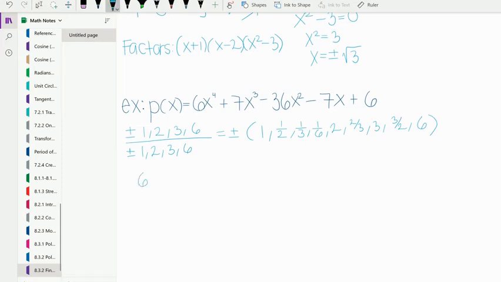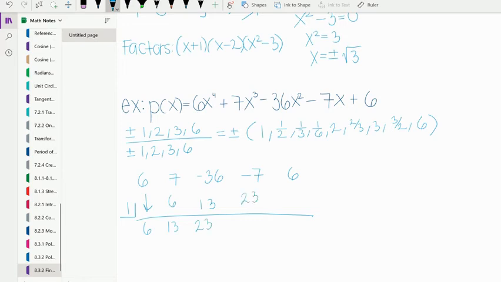So I write out my coefficients: 6, 7, negative 36, negative 7, and 6. And I start with 1, and we do this process. Negative 36 and 13 would be 23.